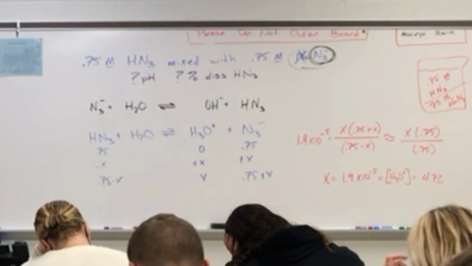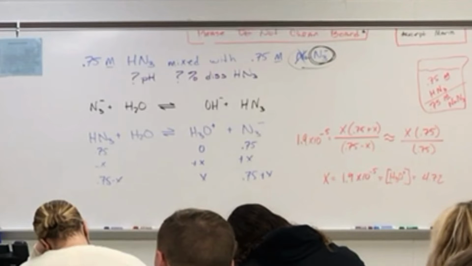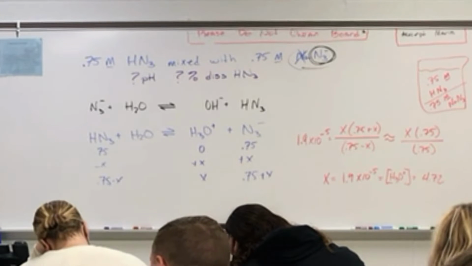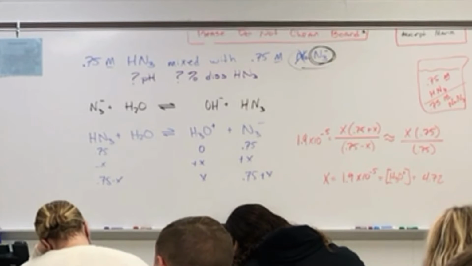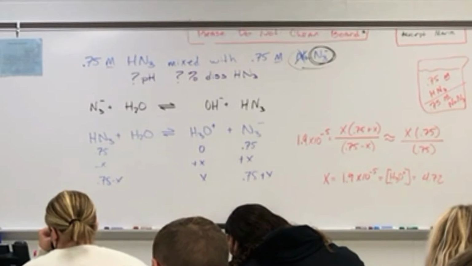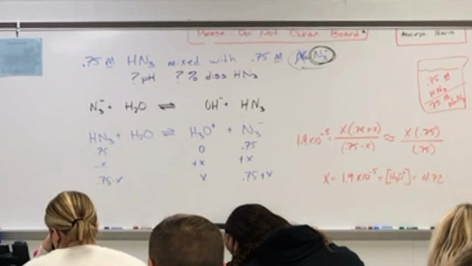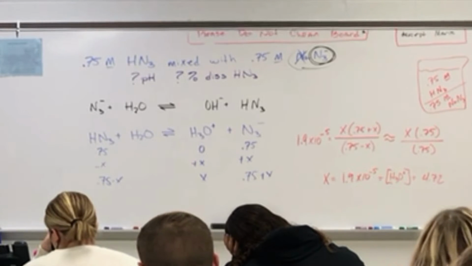I have the same concentration of acid. In this one, I only have acid. On the right-hand side, I have an acid mixed with its conjugate base. And look, we have some very significant changes here.